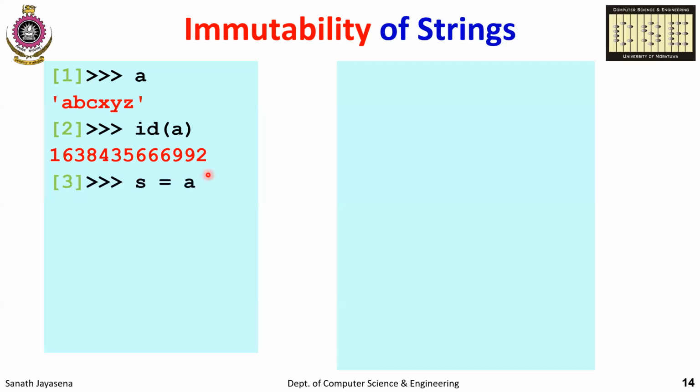And we'll say S equals A, and then we check the identity of S. And predictably, based on our previous experience, we imagine that when you say S equals A, no new object is created. Simply S is referring to the same object like A, because its identity is the same thing. Because S and A now both refer to the same string object.